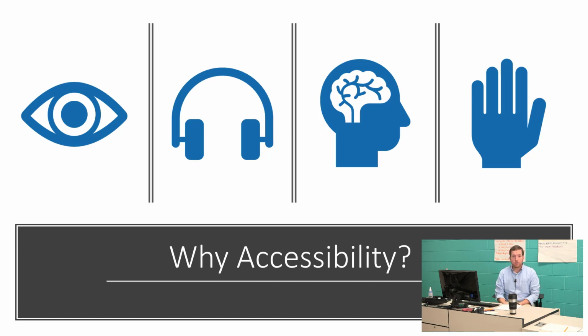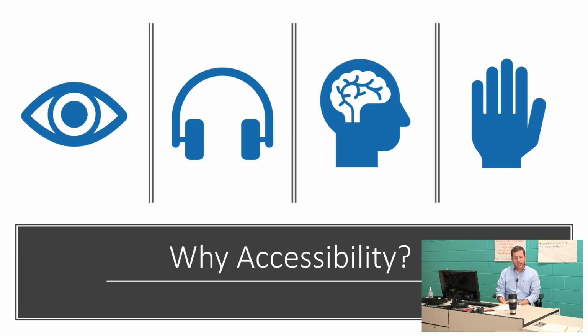You can improve the learning experience for students that have learning disabilities and maybe don't have visual or hearing impairments, but just have a harder time understanding concepts through text alone. So when we include images, that helps them to better understand.